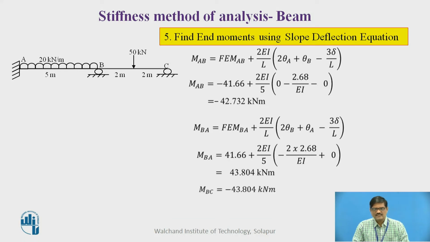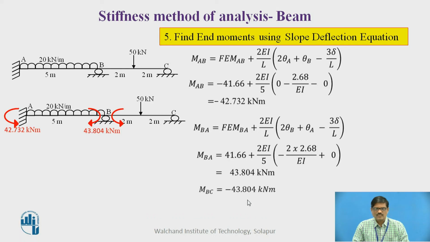So applying the slope deflection equation to all the spans, we get MBC. Of course MBA and MBC shall be same with opposite sign. So MBC we are getting minus 43.804 kilonewton meter. So after getting all these moments, we shall draw the free body diagram. So at A we have MAB, so MAB is minus 42.732.